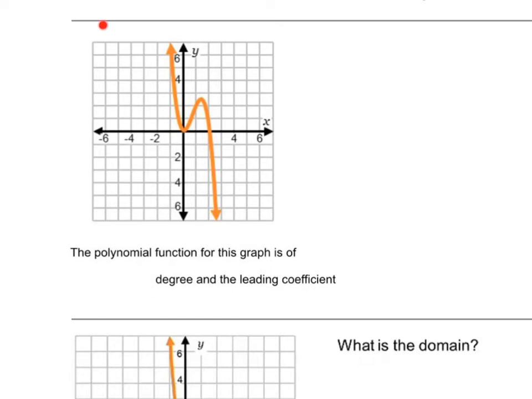Are the y values going up? Over here to the right, as x gets infinitely large, the y values are going down. So if the end behavior is going in opposite directions, you know that the degree is odd. Of odd degree. And then we know that the leading coefficient is actually negative.